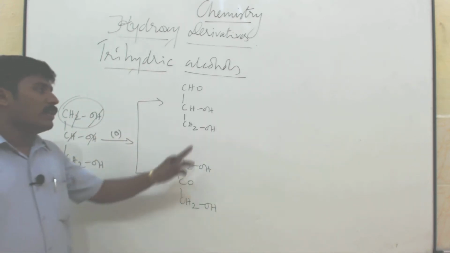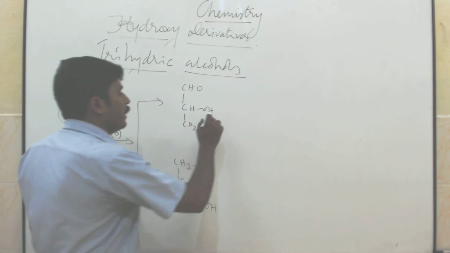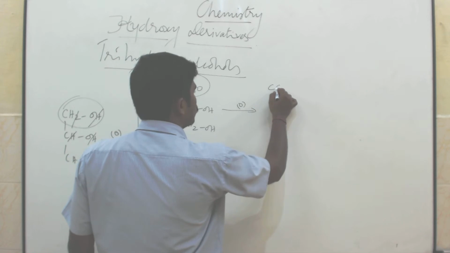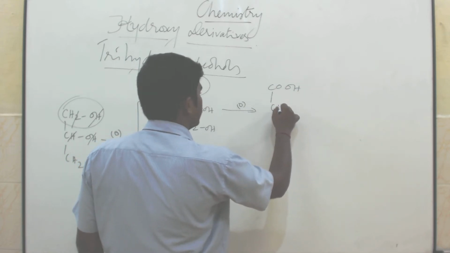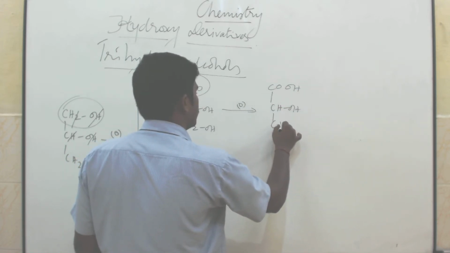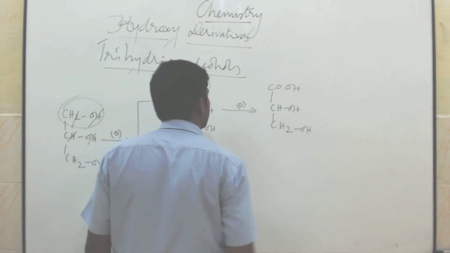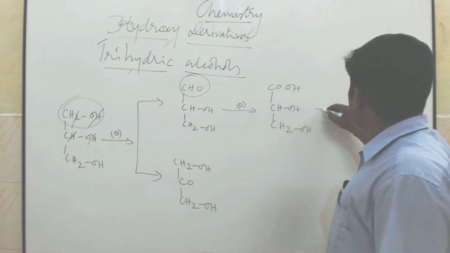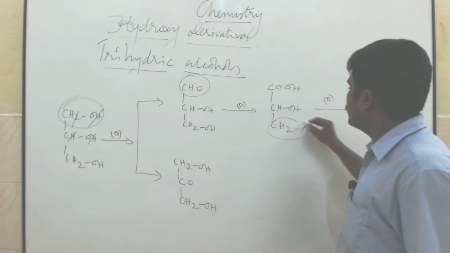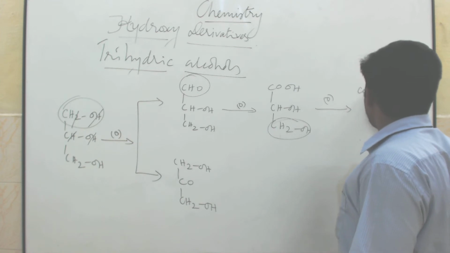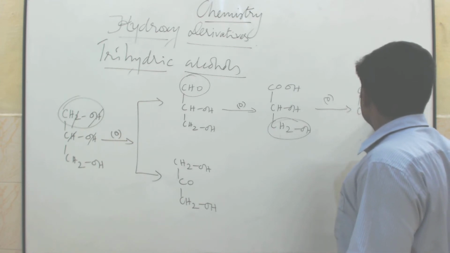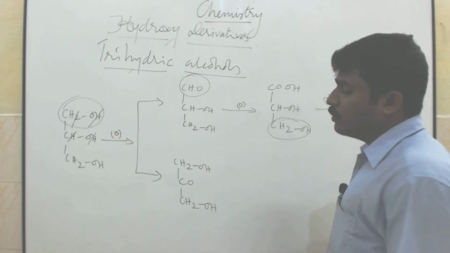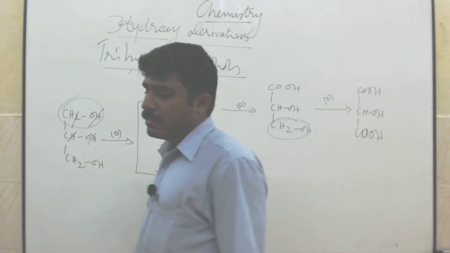Now this one undergoes oxidation reaction, so that you know very well aldehyde group converted into carboxylic acid group, so that COOH, CHOH, CH2OH. Okay, how does this convert into carboxylic acid? Very same thing. This primary alcohol also converts into carboxylic acid, so that COOH, CHOH, here is COOH. Now both are converted into carboxylic acid groups.